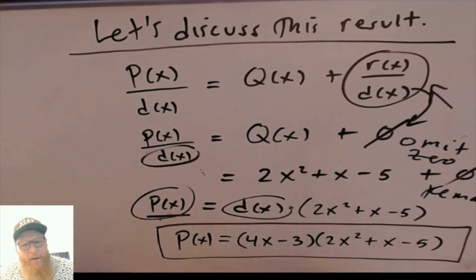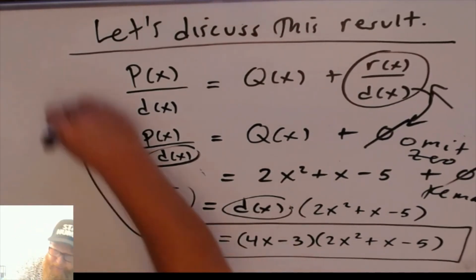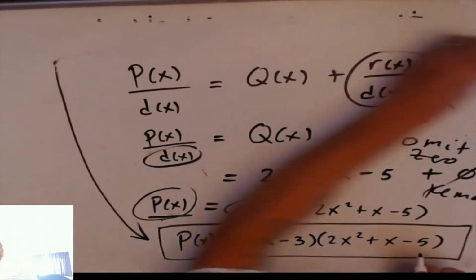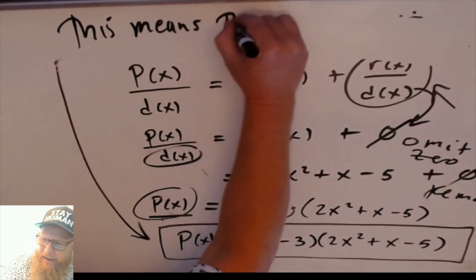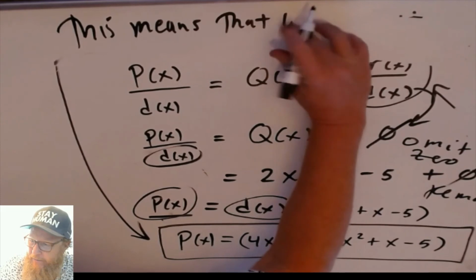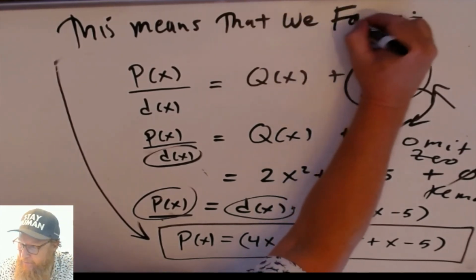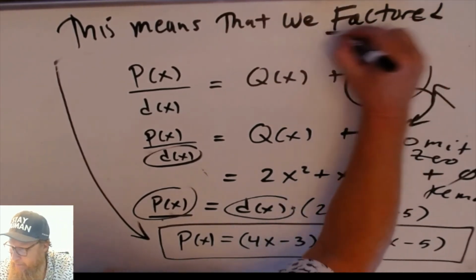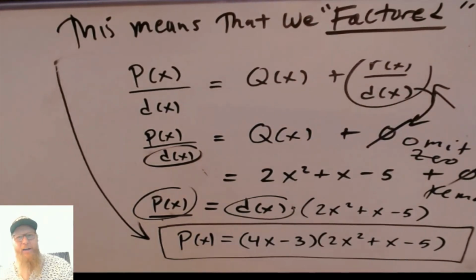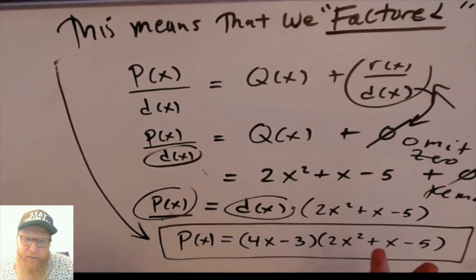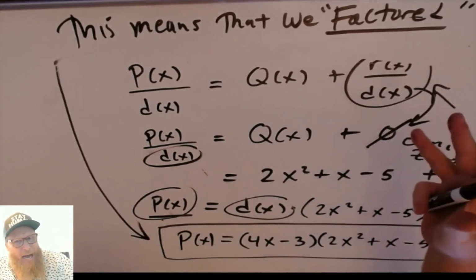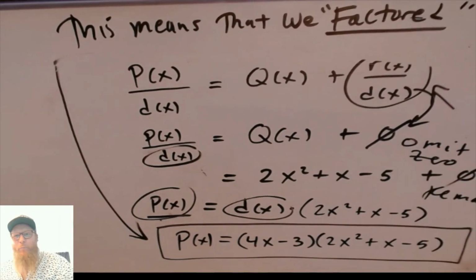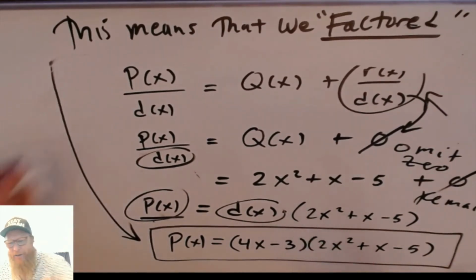And so what did we just do? This means that we factored. Unintentionally. I mean, the problem didn't say to factor. It wasn't giving me the instruction to factor. The problem was telling me to divide. But we ended up with a 0 remainder.